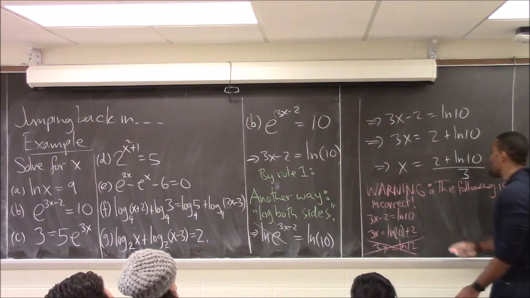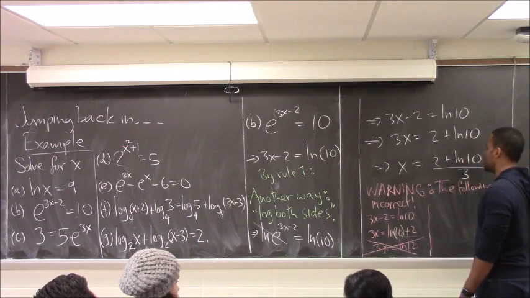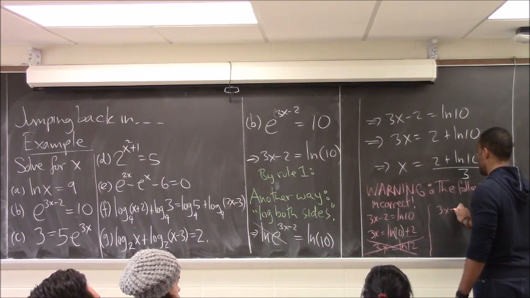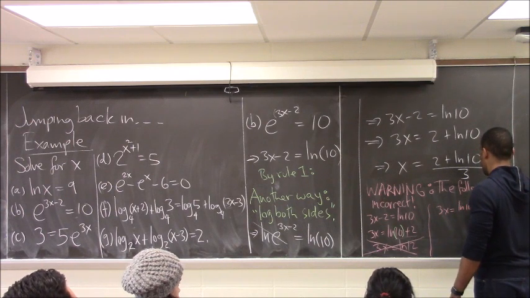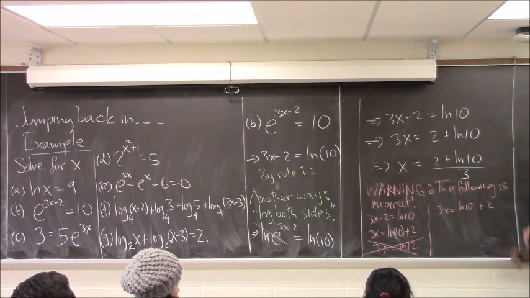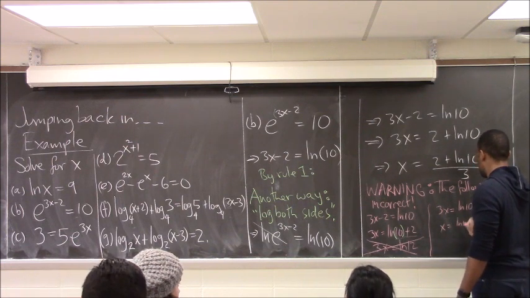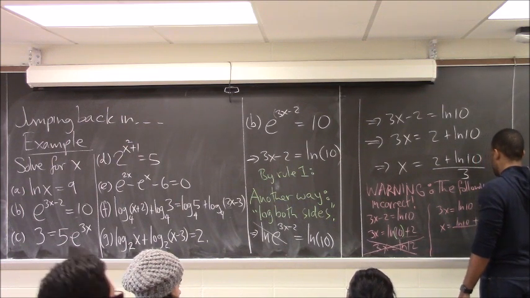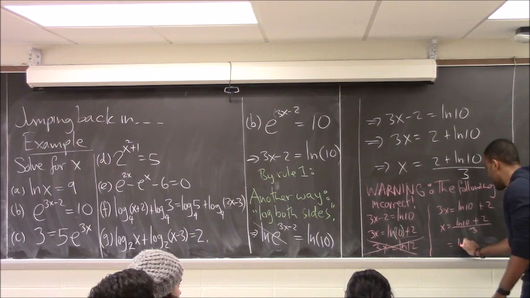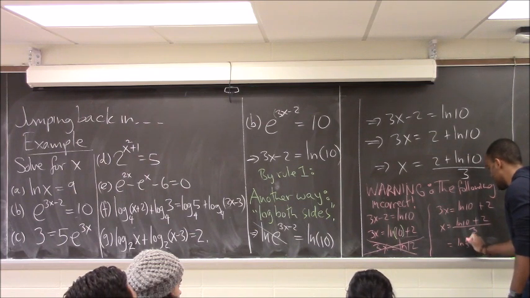Similarly, let's say you actually did not make that mistake, and you get ln of 10 plus 2, but you know that they're to be kept separate. Another thing that I see students do sometimes is that when they divide by 3, they divide by 3 inside the ln.